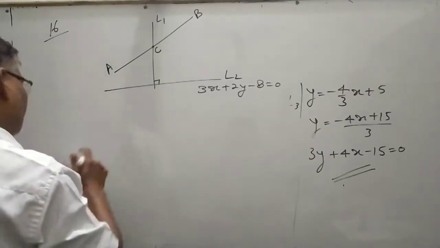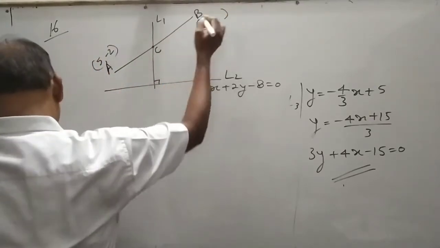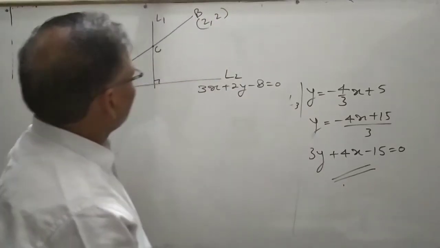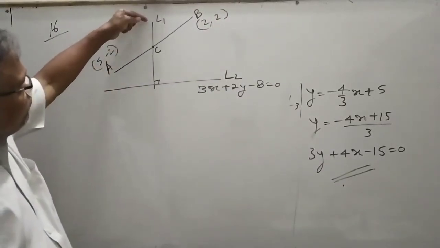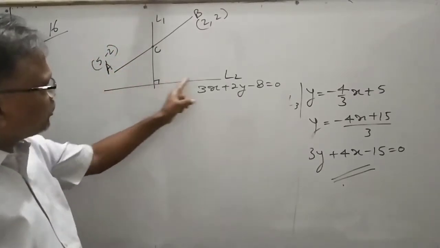And the points are 5 comma minus 2 and 2 comma 2. What is the meaning? You have to find the equation of this line which is perpendicular to this line.